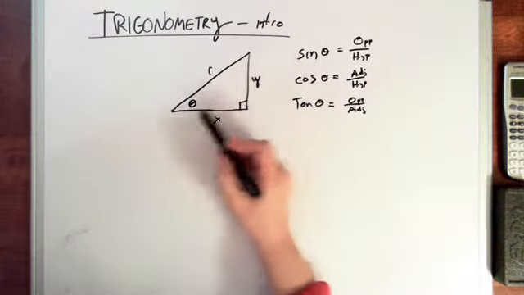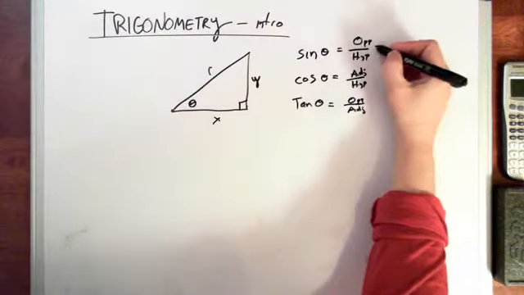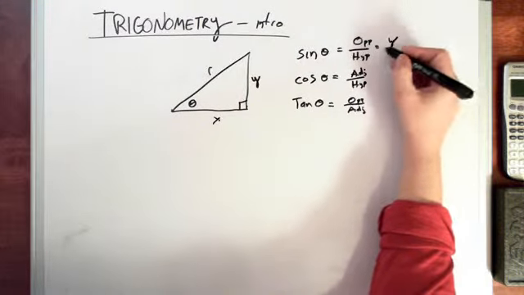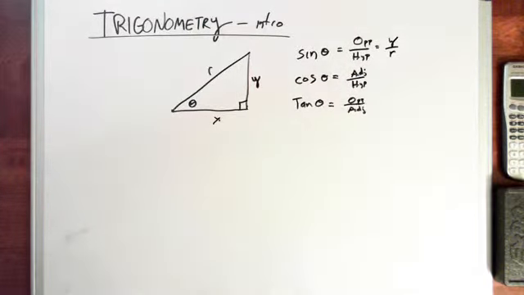So you can see sine is opposite over hypotenuse, which is equal to y over r, and so on and so forth.